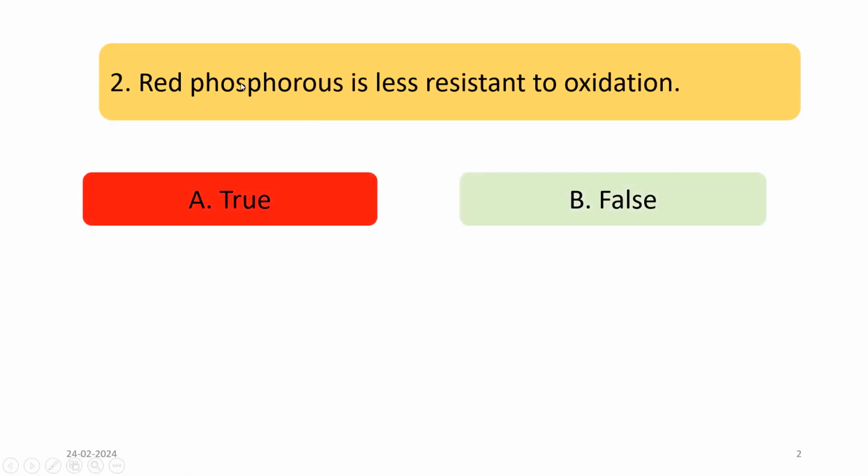No, it is false because red phosphorus is much more highly stable and more resistant to oxidation compared to yellow phosphorus. Here I have asked that red phosphorus is less resistant, so it is not less, it is more. So here it will be false.